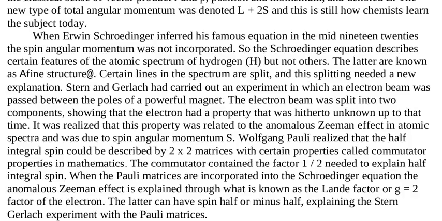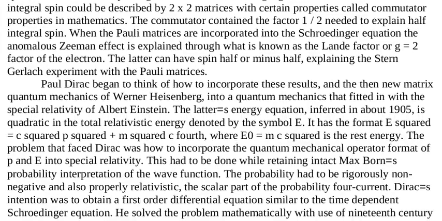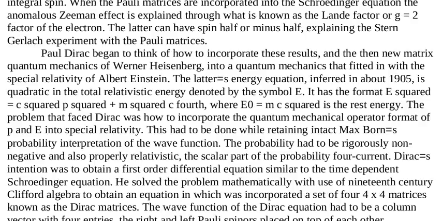When the Pauli matrices are incorporated into the Schrödinger equation, the anomalous Zeeman effect is explained through what is known as the Lambda factor, or g equals 2 factor of the electron. The latter can have spin half or minus half, explaining the Stern-Gerlach experiment with the Pauli matrices.